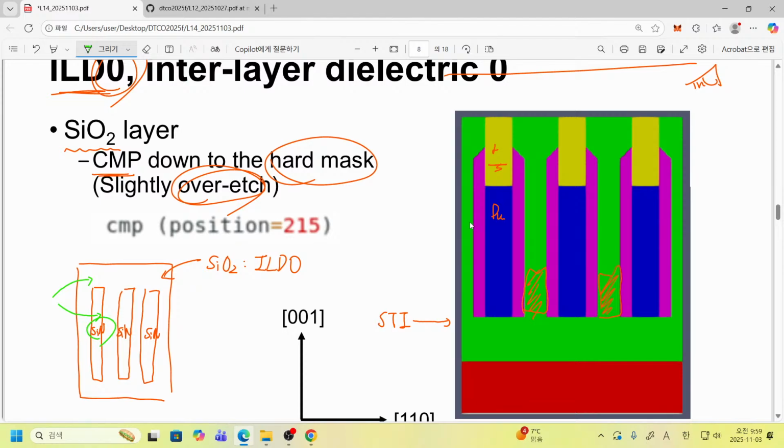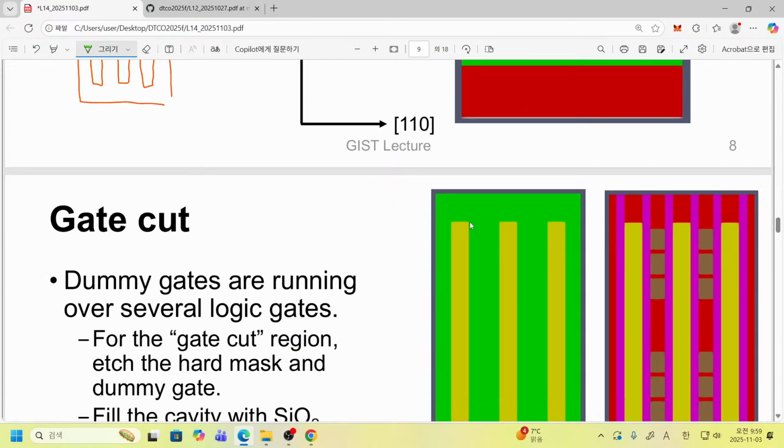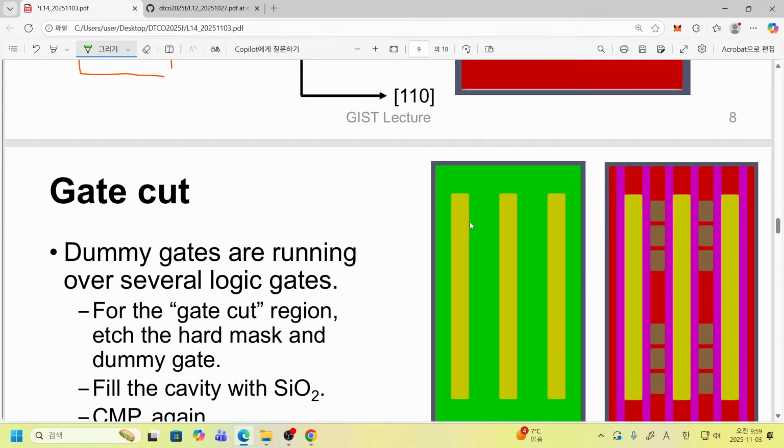Then silicon dioxide is just kept, and we will find the top of the dummy gate, which is sometimes polysilicon or amorphous silicon. Even if we start from amorphous silicon, after applying some heat it becomes polycrystalline silicon. You can find the polycrystalline dummy gates, and they can also be selectively etched away. That will be discussed later.